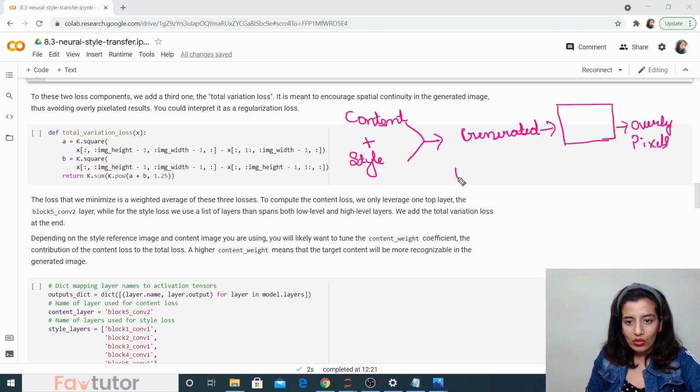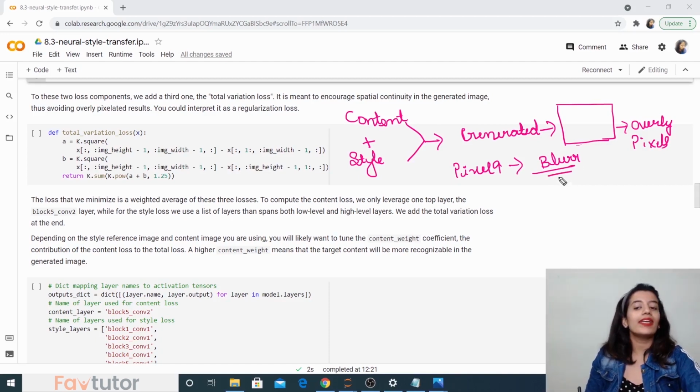As we all know, the moment the pixels increase, that means you are increasing the size of an image. So what will happen if you increase the pixels? Obviously, it is common that you will get a blurred image. So in order to avoid this blurring of the image, you use the total variation loss.